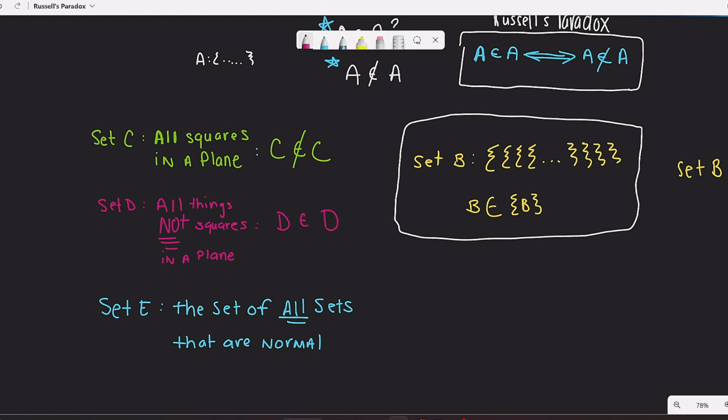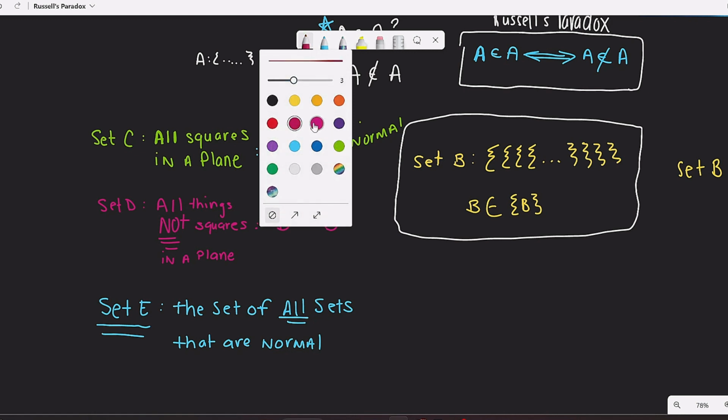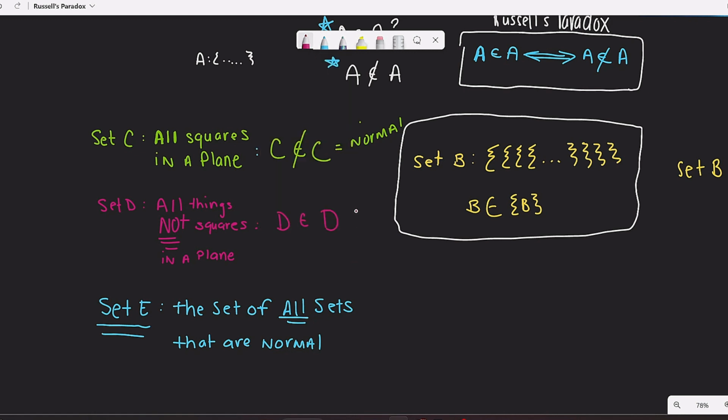And so remember, we have our set E here, which is the set of all sets that are normal. And so what is normal? Well, I haven't defined it yet. I am defining set C here to be normal. This is a normal set. And then set D is going to be abnormal.